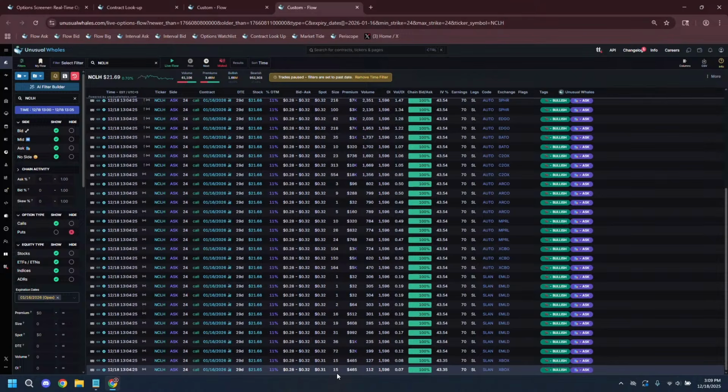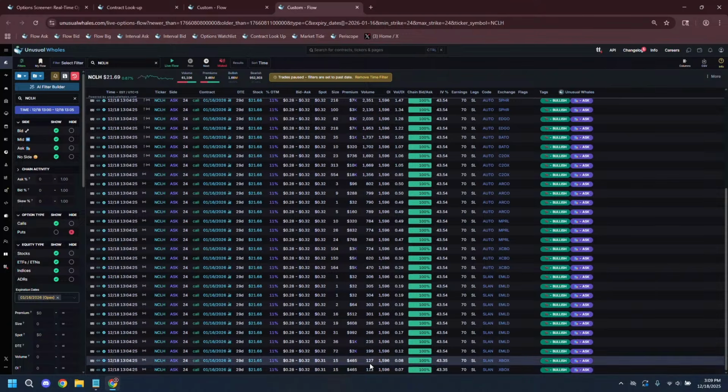Before this size 15 trade, there was 97 volume. This trade of 15 happens, 15 plus 97, 112, 15 plus 112, 127, and so on and so forth. Why is that jumping there?